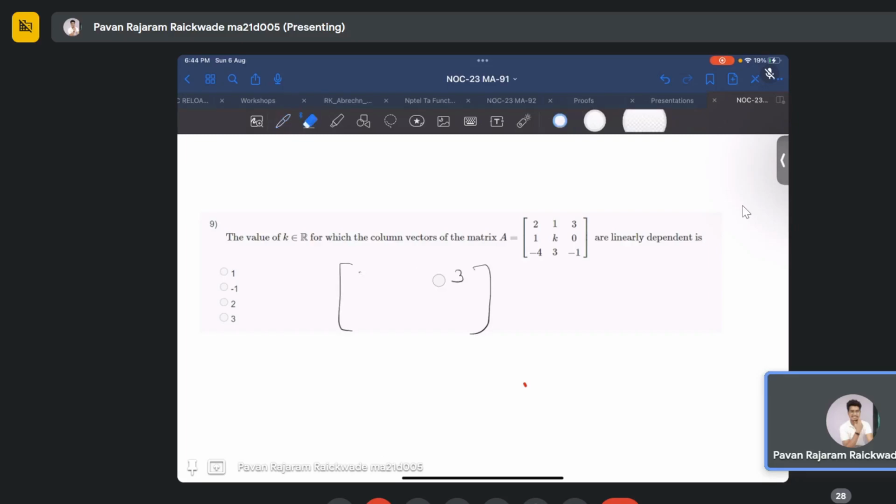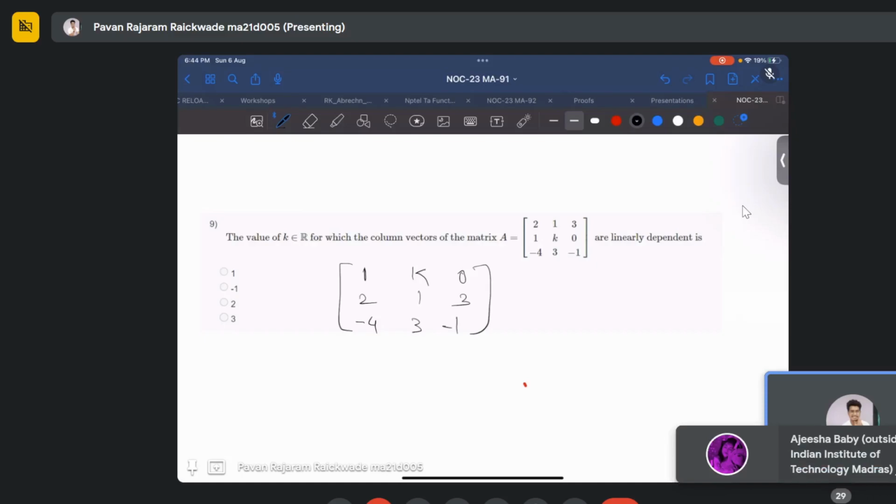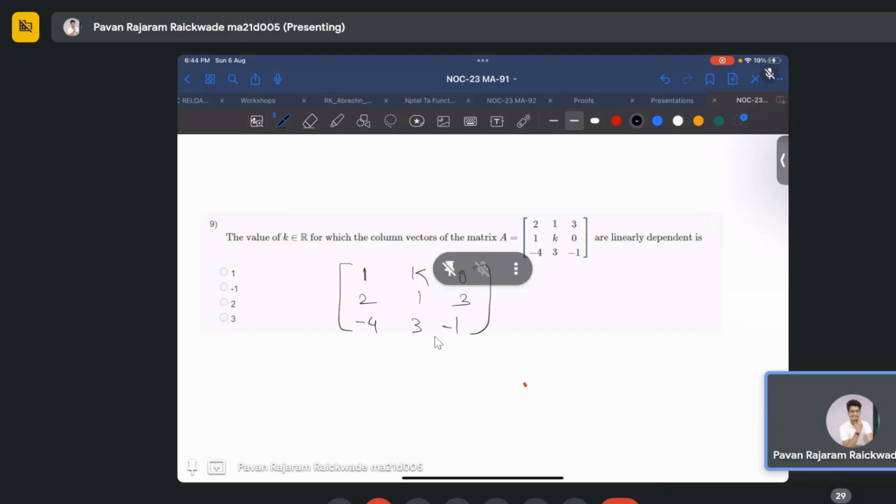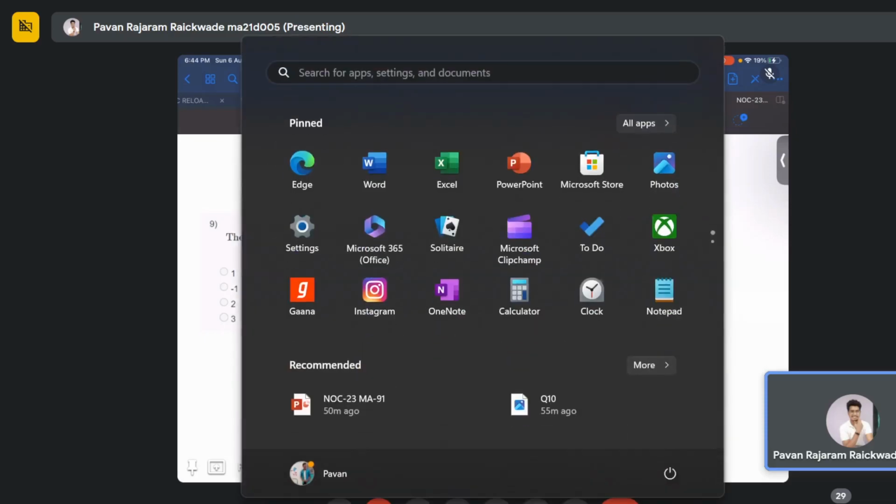For simplicity, I'll swap the first and second row. 1, k, 0, then 2, 1, 3, then minus 4, 3, minus 1. This will change to... okay, there is some problem.